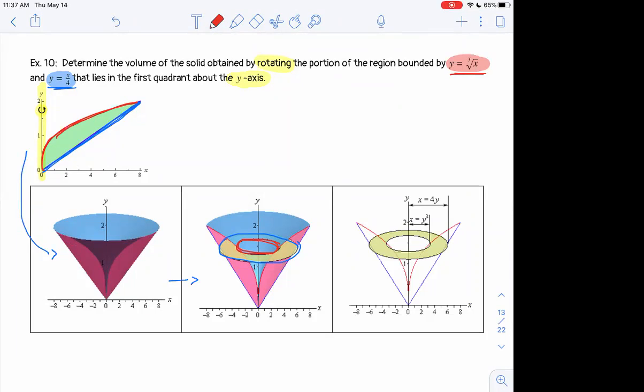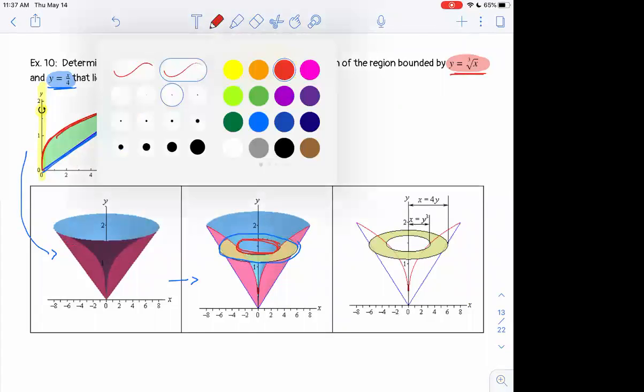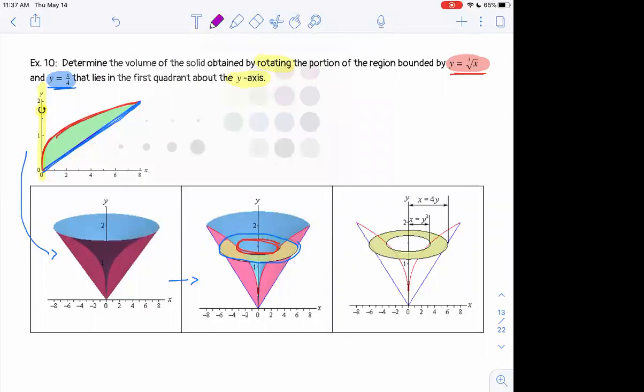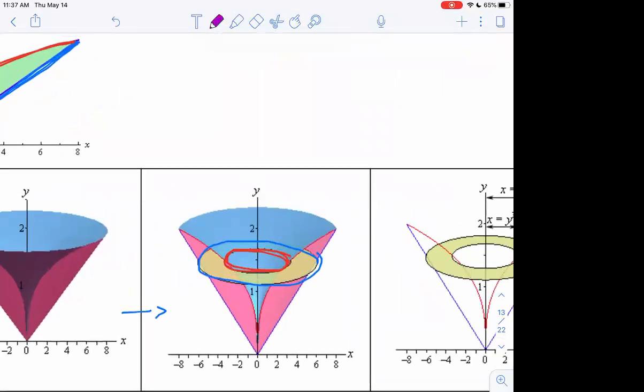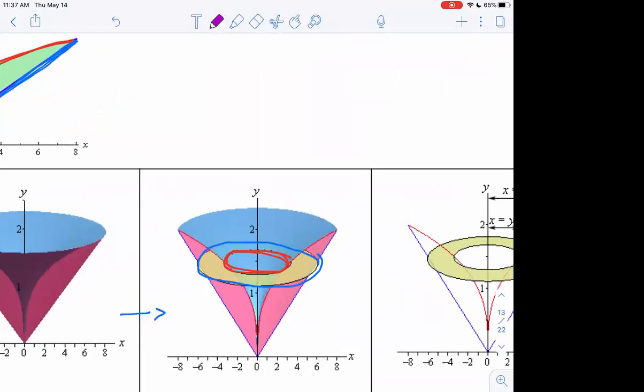All right, I'm going to add one more thing into this diagram that they didn't put in here, but I think might be helpful for us. So if I take the inner radius and subtract it from the outer radius, I will get this line right here.